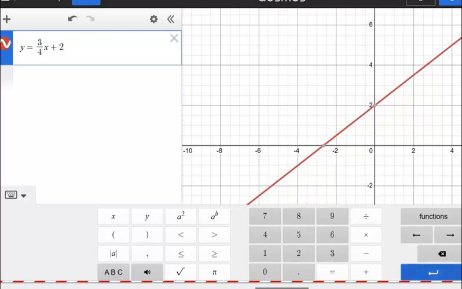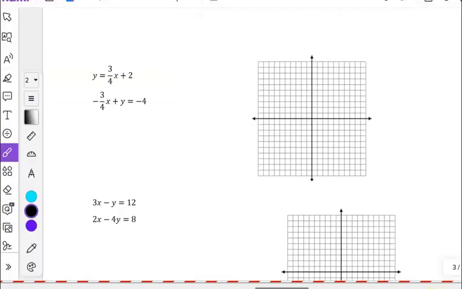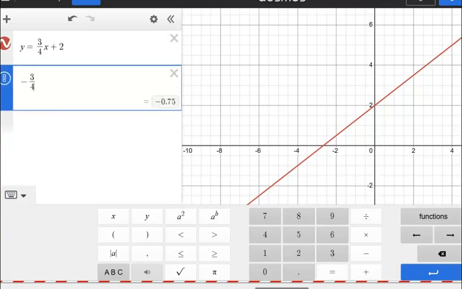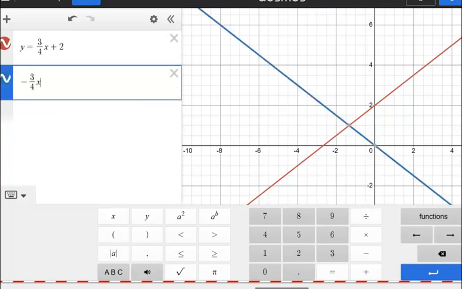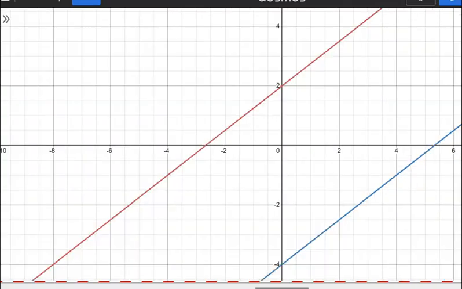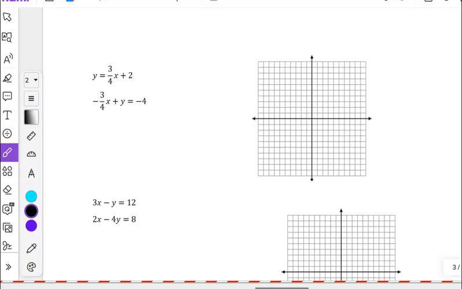And then my second one, I believe, was y equals -3/4 x plus y equals -4. So as you can see on this graph, they are never going to touch. They are parallel, so this would be no solution.